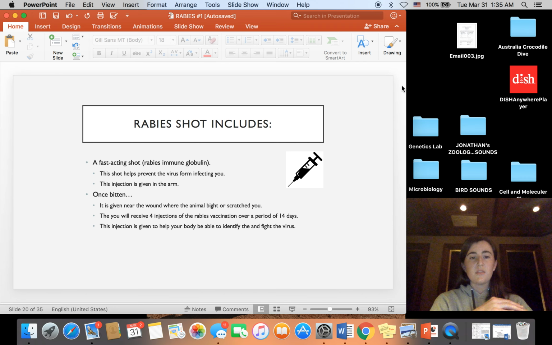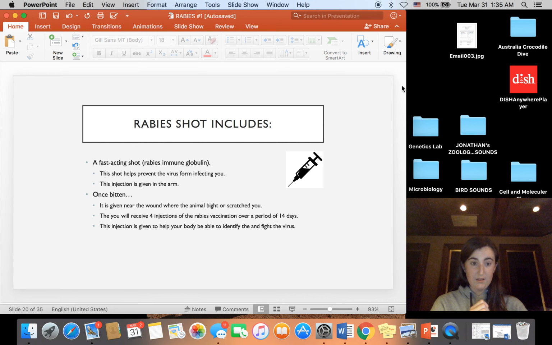So the rabies shot is actually the rabies vaccine that Pasteur invented. It's also called a fast-acting shot, or the rabies immune globulin. This shot helps prevent the rabies from infecting you, and its injection is given in the arm.